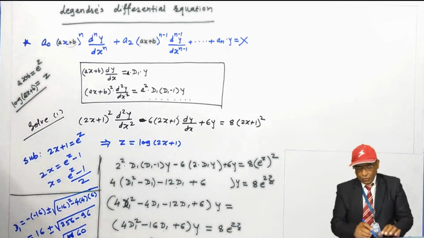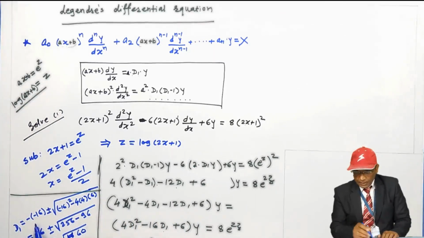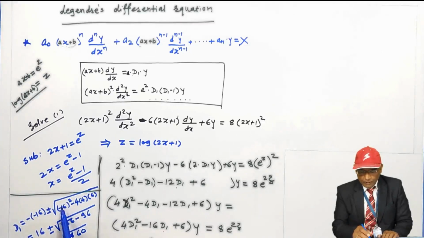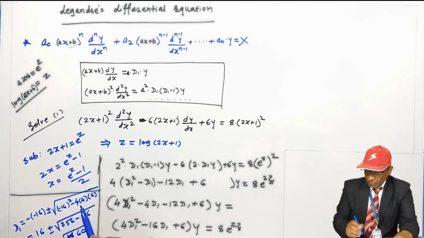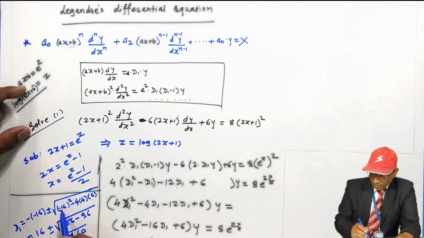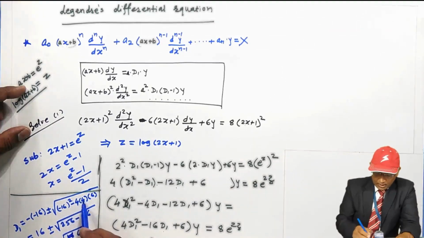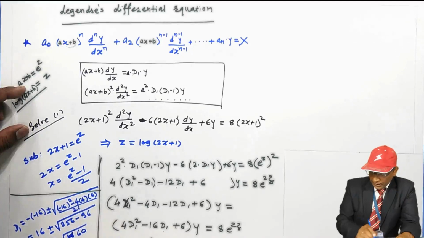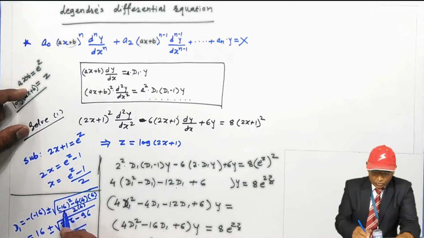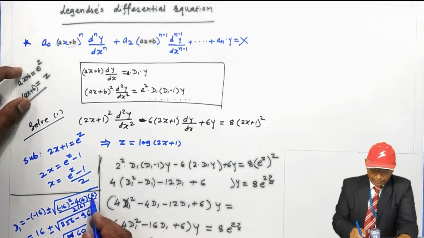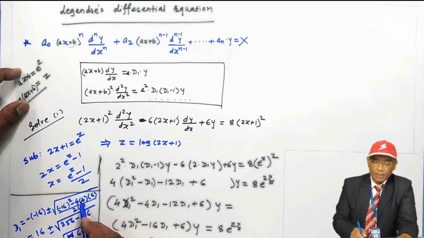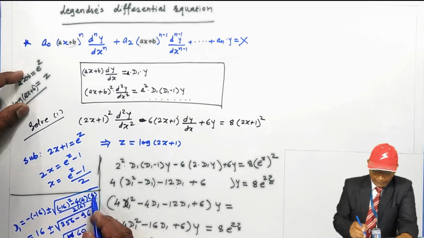Okay, use this formula: minus b plus minus under root b square minus 4ac, divided by 2a. 2a is 8. Now this is 256 minus 16 multiplied by 6, which is 96.